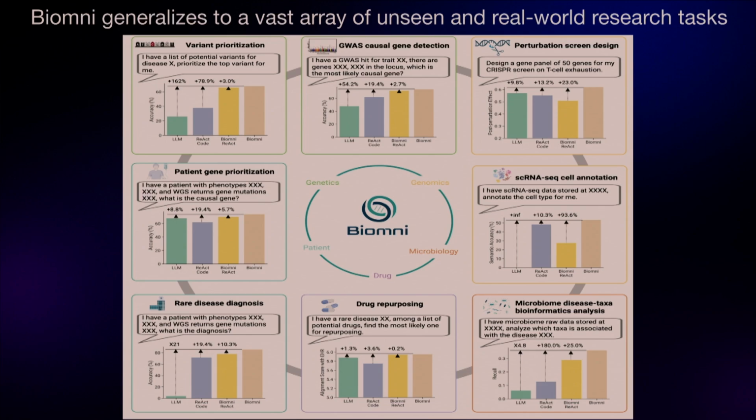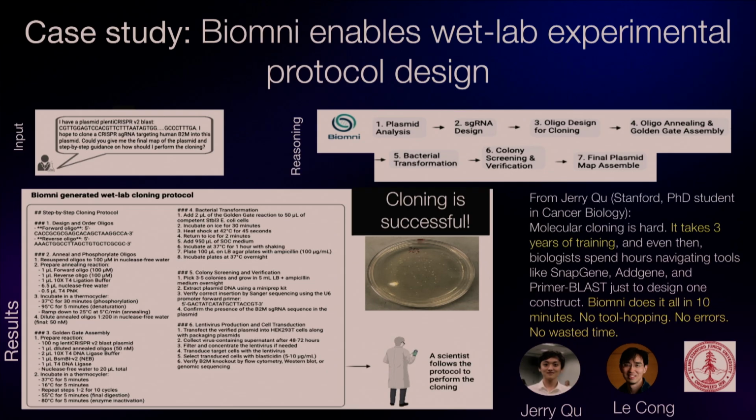And beyond these diverse benchmarks that I'm showing you here, we actually have Stanford scientists apply this. This is one example where they want to do cloning protocols, where they basically want to design wet lab experiments. This here is the description of the task.